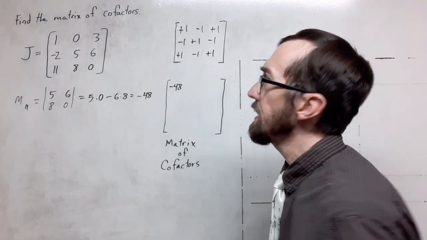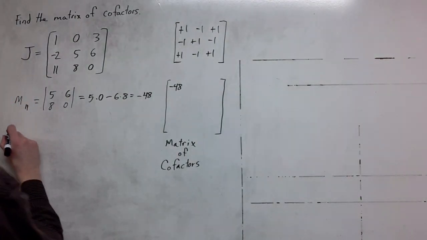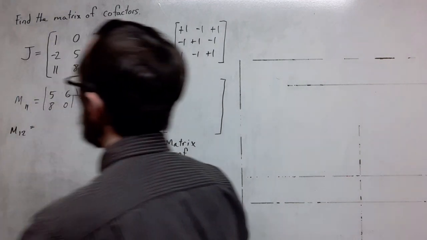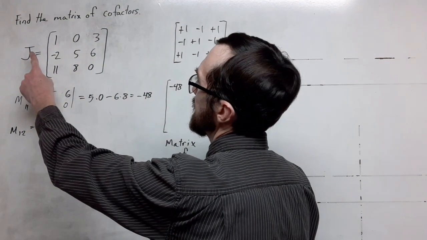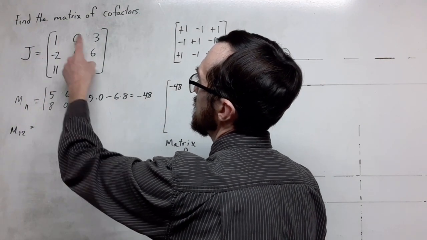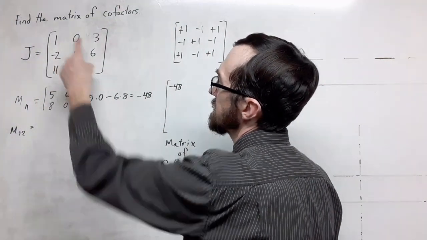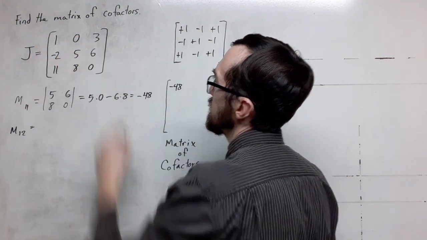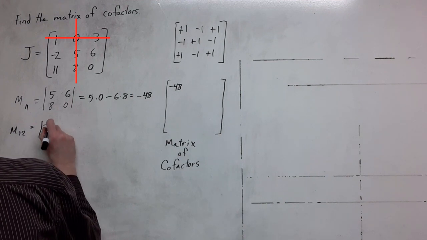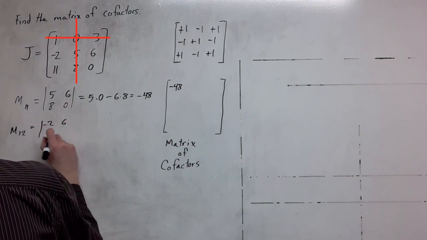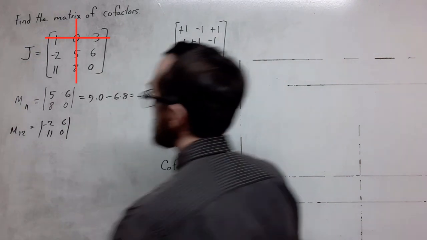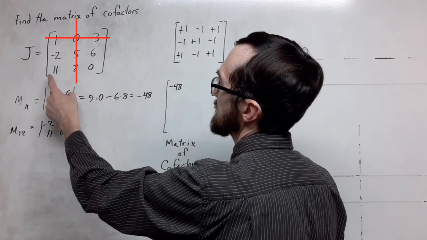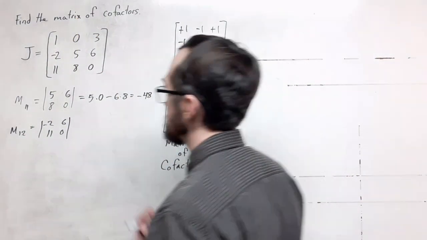I'm going to go ahead and start building my cofactor matrix over here. And now we're going to move on to the next one. If I want to look at minor 1, 2, I am going to be in the first row and in the second column. So we are going to eliminate this column and this row. So looking at the minor matrix, we get -2, 6, 11, and 0.